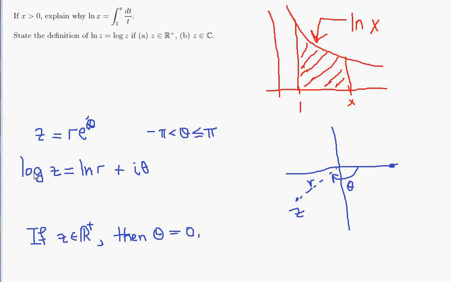And so the generalized log of z would simply be the natural log of r, and r would be equal to z, the distance from the origin. So the new definition for complex numbers is completely equivalent to the definition for positive real numbers. So anyway, that's the definition of the logarithmic function under the two conditions, positive real number or else a complex number.